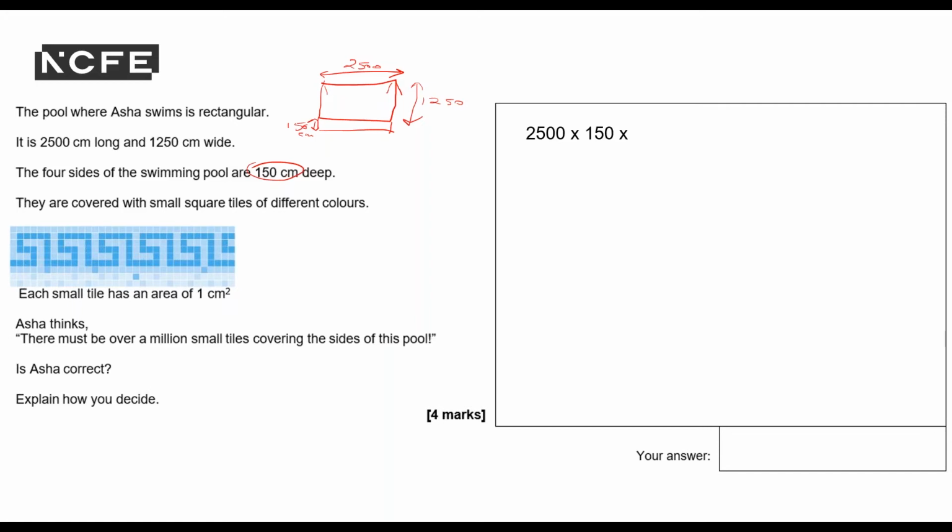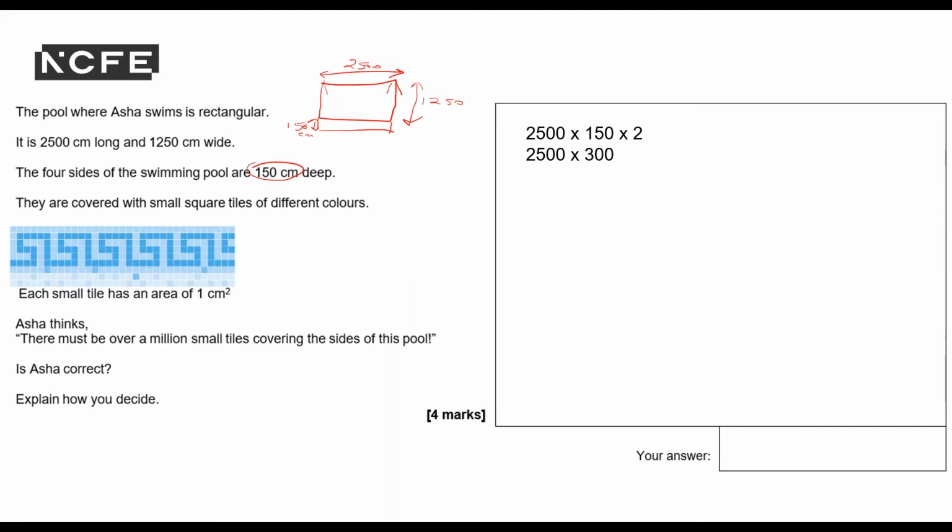That gives me a nice idea, because when it comes to multiplication, I can do it in any order. If I multiply 150 by 2, that's going to give me 300. 300 is a lovely number to work with. So basically, I've got 2,500 times 300.